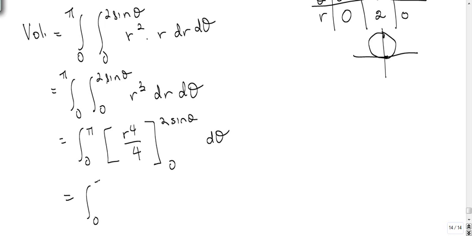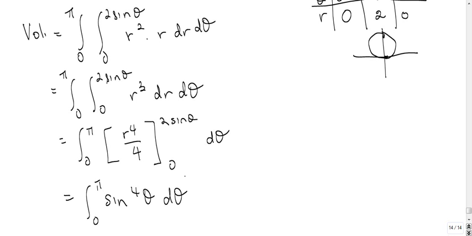Now, when you put 2 sine theta in for r and divide by 4, you are going to get the integral from 0 to pi of sine to the 4th theta d theta. Now, look at that. If you have something like that in your homework, this is quite wicked to do by hand. It's going to be quite long. You did that in Calc 2.